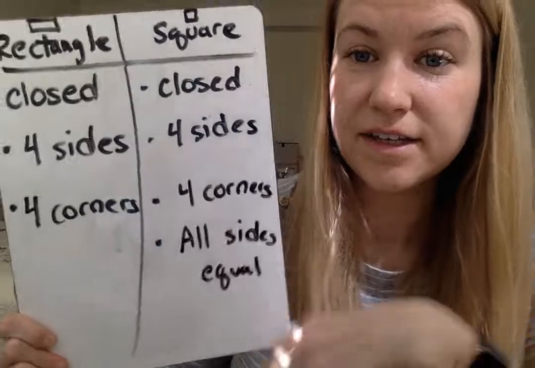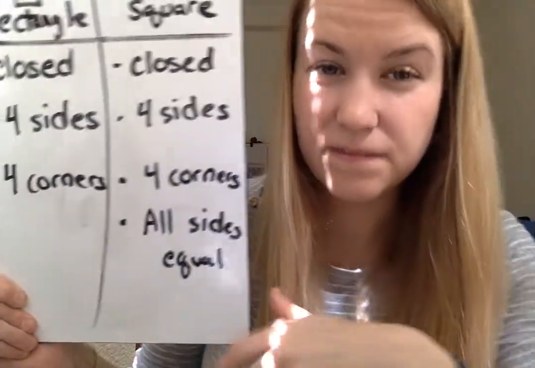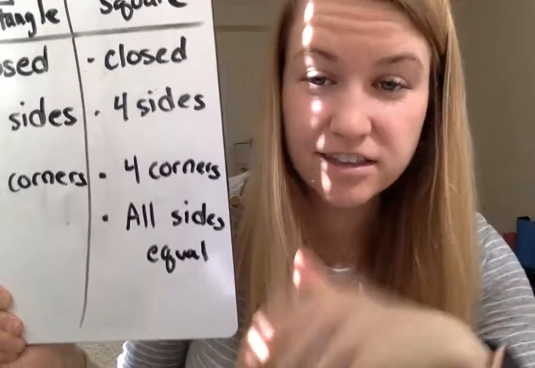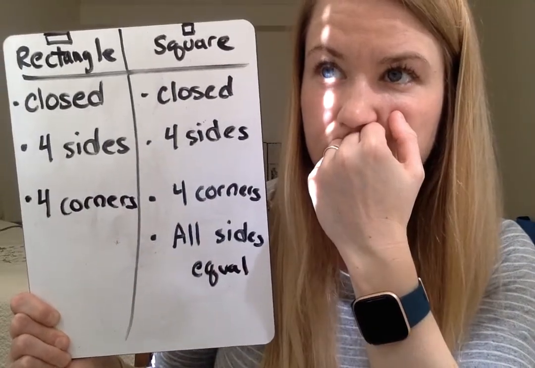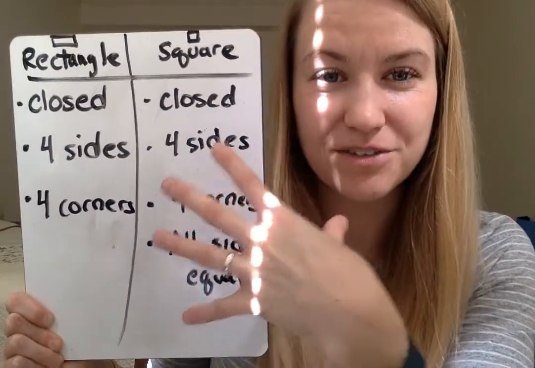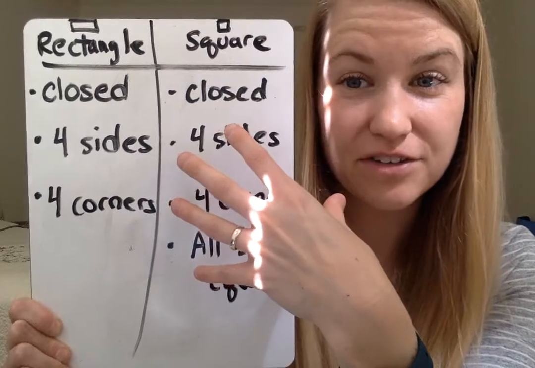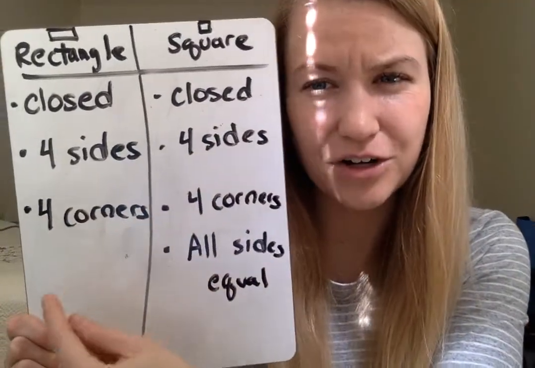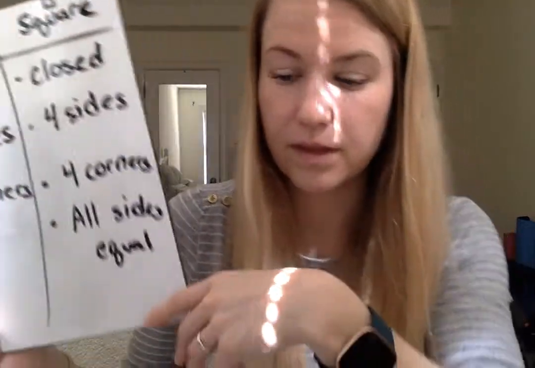So if you can just see the slight difference, same, same, same. That's kind of like the asterisk. So, all squares, just to repeat it, even for myself sometimes, all squares are rectangles, but are all rectangles squares? No.